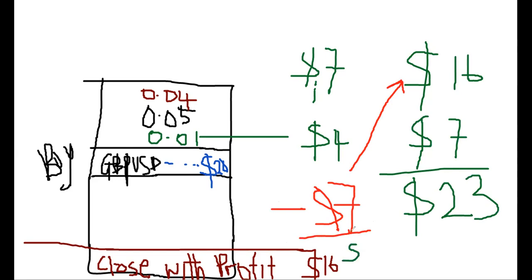At least you still have $9 to go home with. You get it? So that is that about partial closing. Partial closing is all about booking part of your profit.